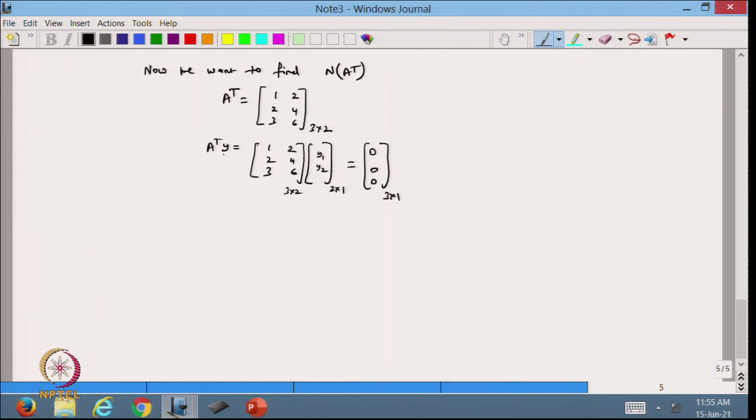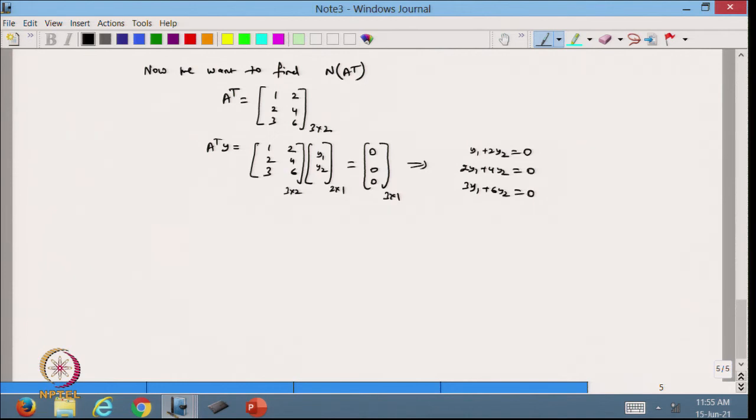Now this y will definitely come from R2. So, from here you can check that this becomes y1 plus 2y2 is equal to 0, 2 times y1 plus 4y2 is 0, and 3 times y1 plus 6y2 is 0.